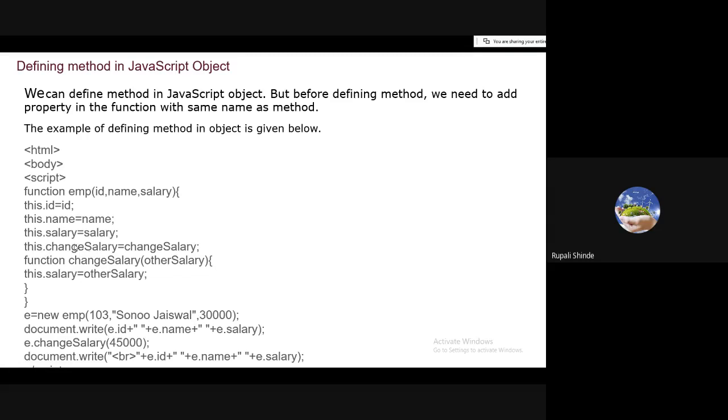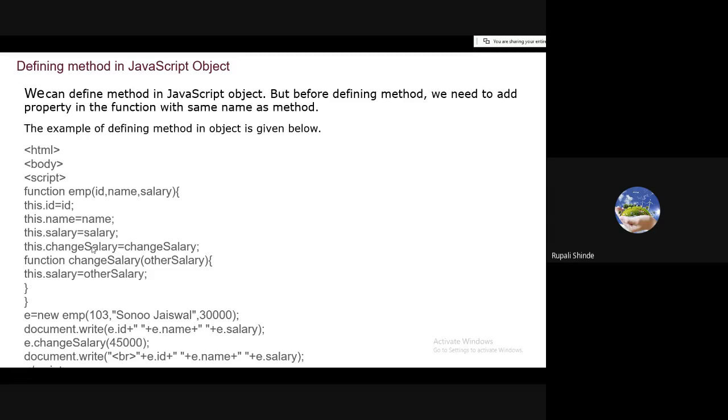Now I have to add one property of the object, that is changeSalary, whose value is equal to the method. And it is equal to changeSalary, which is the method. Whatever salary we have to change is copied into the changeSalary object property.